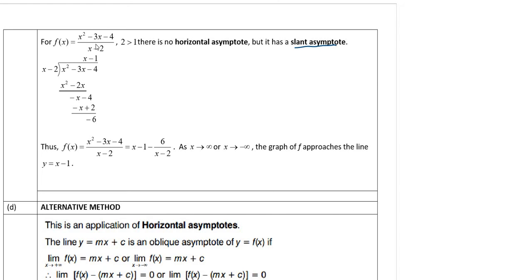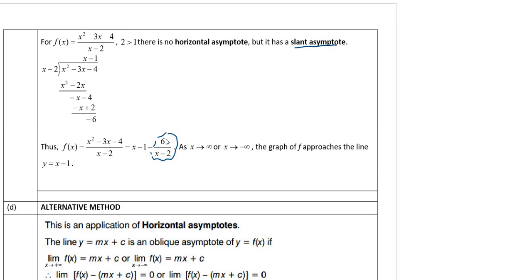So when we determine the slant asymptote, we need to divide by this x minus 2; in other words, we actually make an improper fraction, which we can see here. So we divide the x minus 2 into the top, and then we see that part there, because if we do now the limit to infinity, then this part will go to 0, because infinity underneath will make it 0.